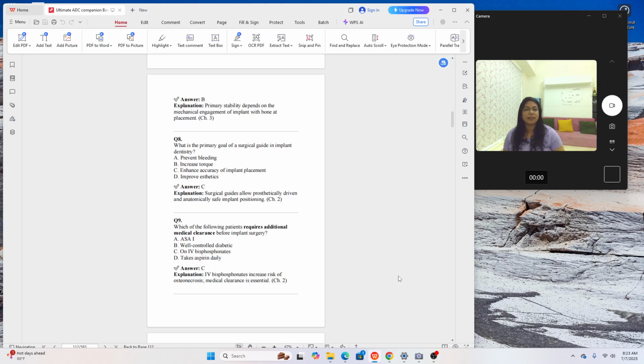Takes aspirin daily. Somebody who has more chances of clotting, or a valve replacement, or any other issues which require them to take aspirin. Aspirin is a blood thinner.